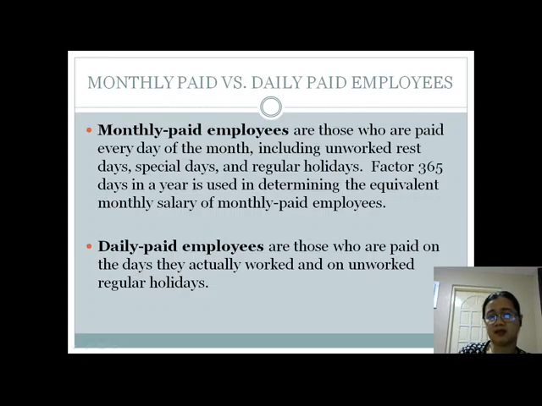Monthly paid employees are those using the factor 365 days in a year, which is an equivalent number of days in a particular year. Then the daily paid are those employees who are paid on the days that they actually work, and of course on unworked regular holidays.